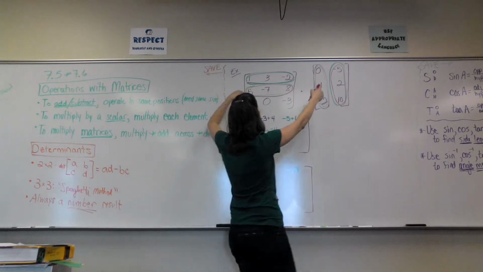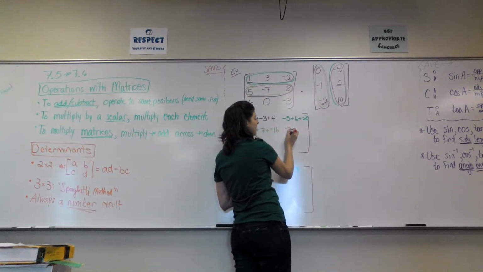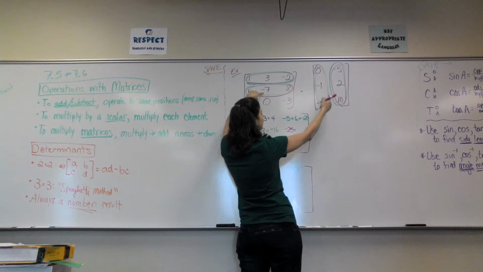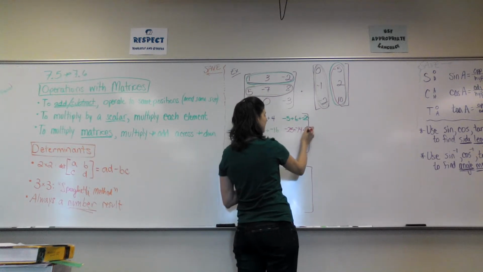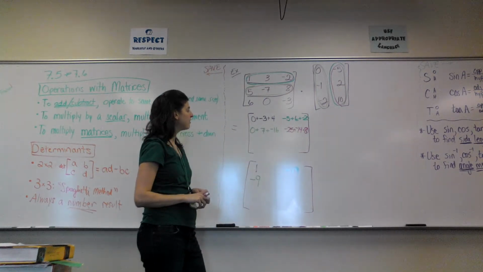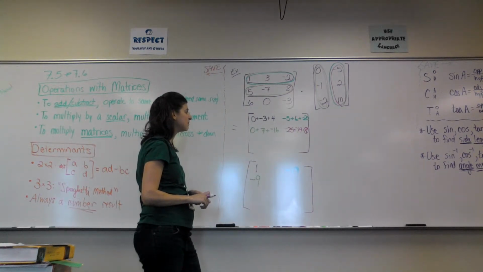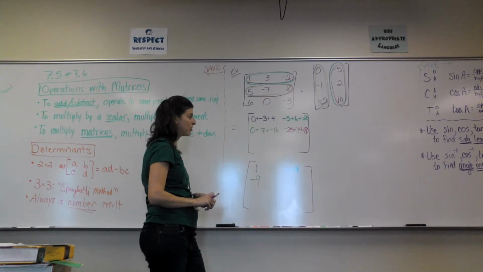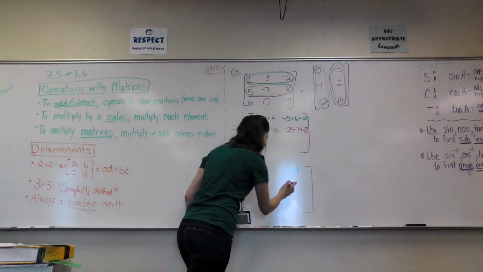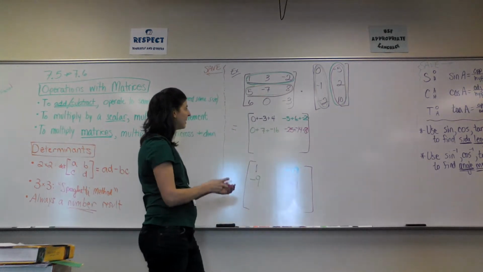Okay, 5 times -5, -25, plus 80. That looks like a fun one. -25 plus -14 plus 80 gives me 41. 41, yeah. All right.